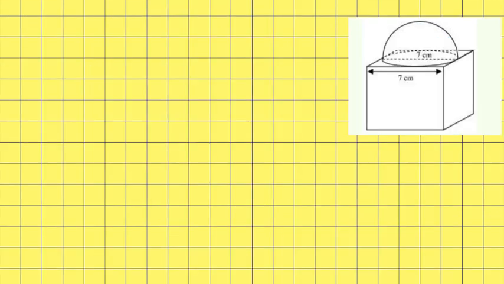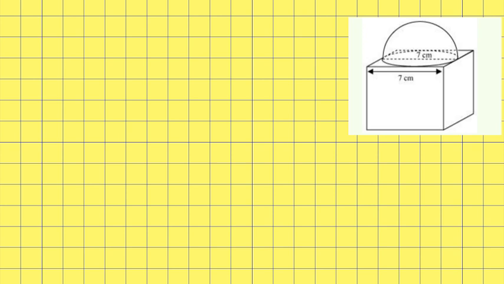Part B is to find the surface area of the shape. The bottom is fairly simple. We've got 5 squares, but if you take an aerial view of the shape looking down upon it from above, you will have to work out the surface area of the top bit, which is a little bit more complicated.